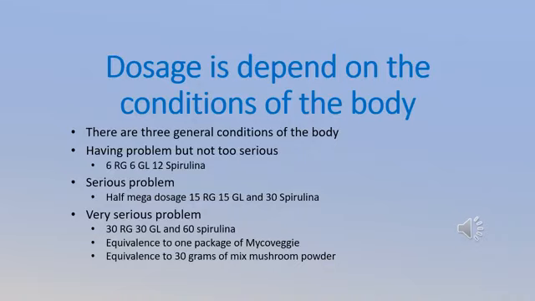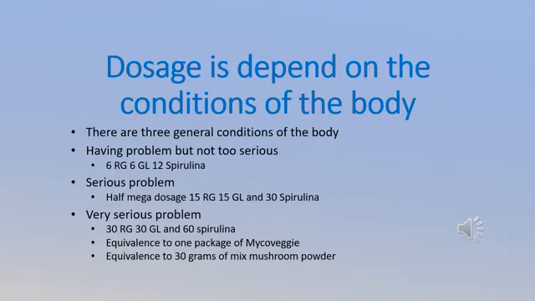Then we also put all the Rg and GL into a package of microveg. So one package of microveg is equivalent to 30 GL and 30 Rg. Or we can put in 30 grams of mixed mushroom powder. We do have mushroom powder. And as I say, spirulina is assisting. We put here 60.